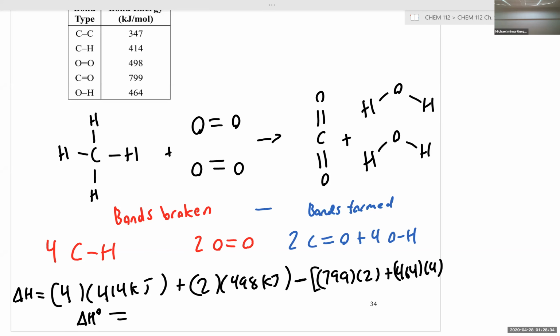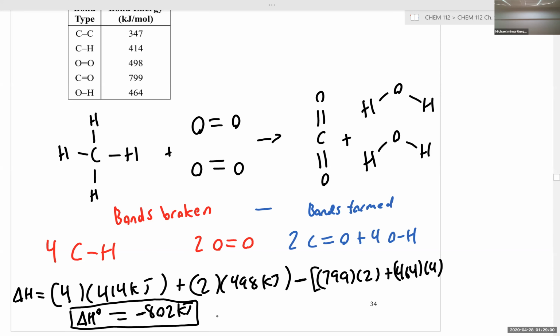Now, combustion is obviously exothermic, and this gives us an enthalpy of negative 802 kilojoules of reaction enthalpy. Yep, perfect. So this is how you can use a bond dissociation energy table to estimate reaction enthalpy.